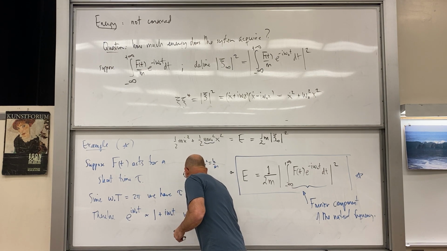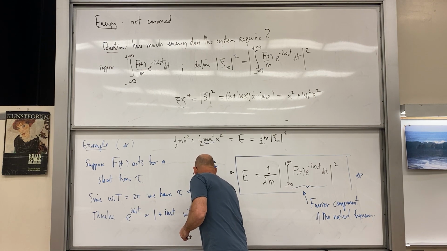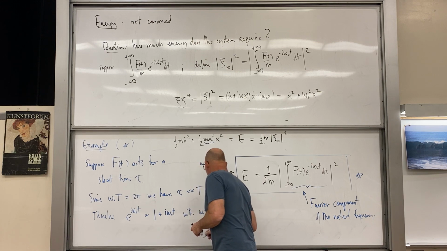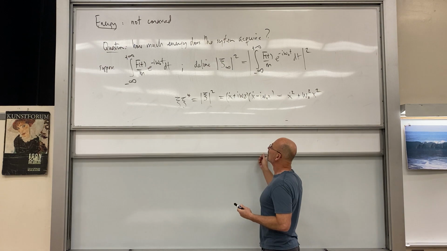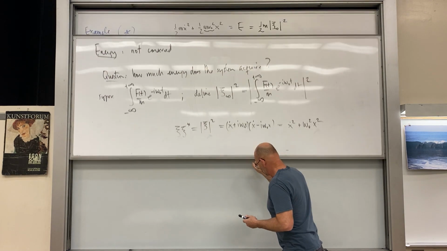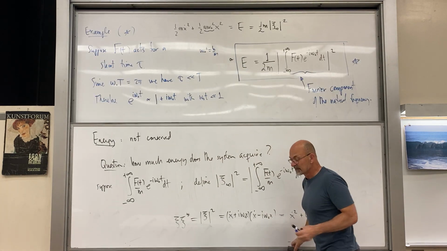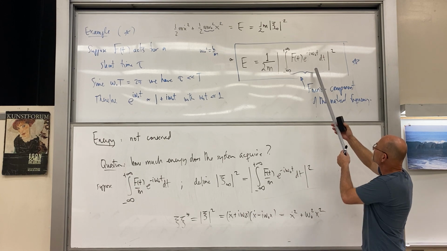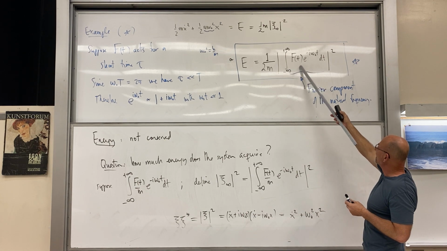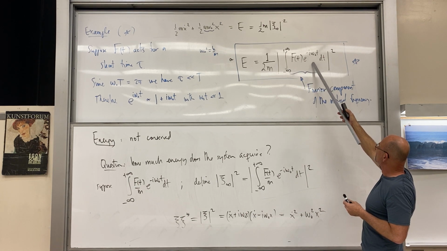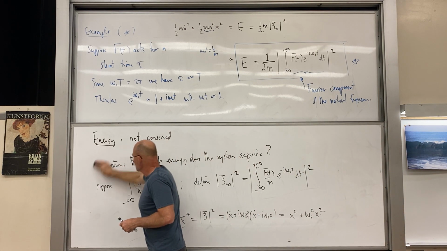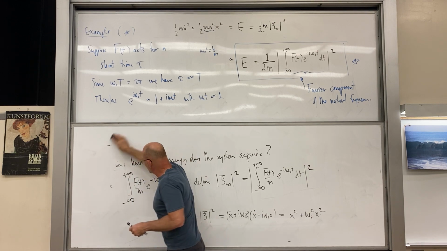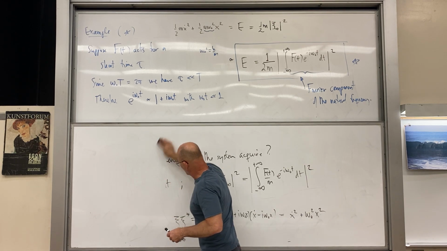So with omega naught t much less than 1, and this thing simplifies, because now it's just going to be the integral of f of t dt. Not only does it simplify, it's a real quantity in there.